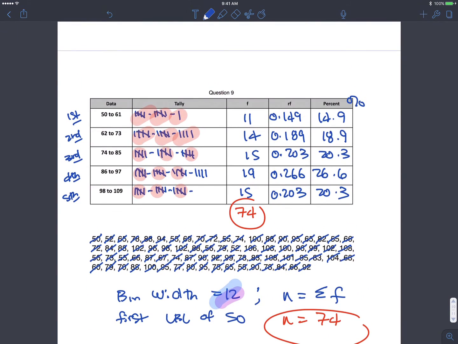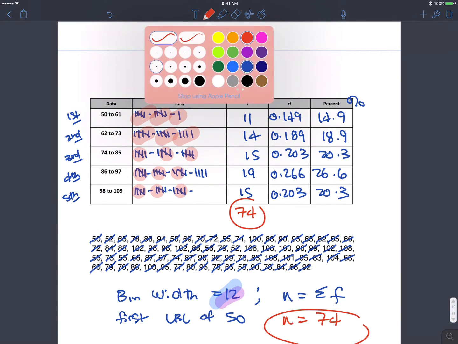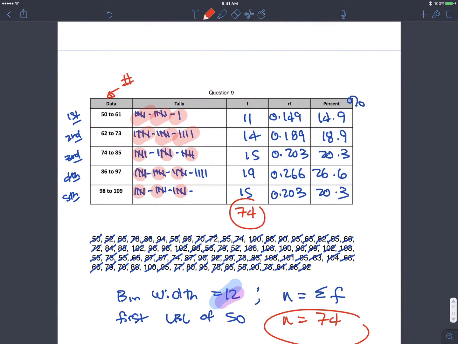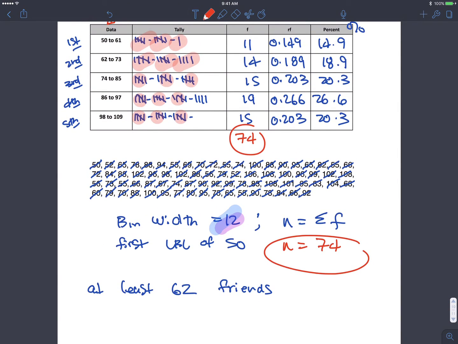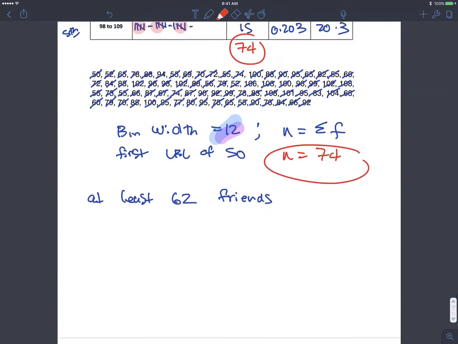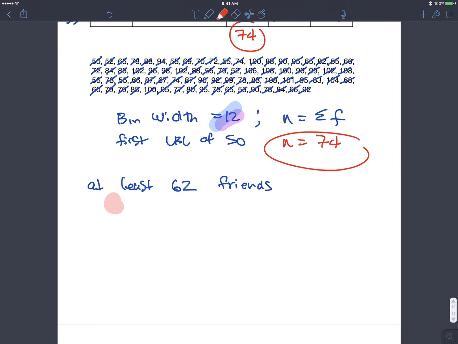Remember that this data is the number of Facebook friends that you have. The key phrase here, at least 62, means 62 or more.